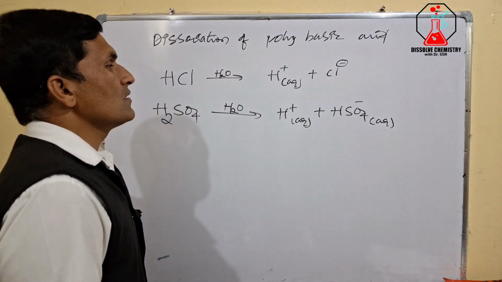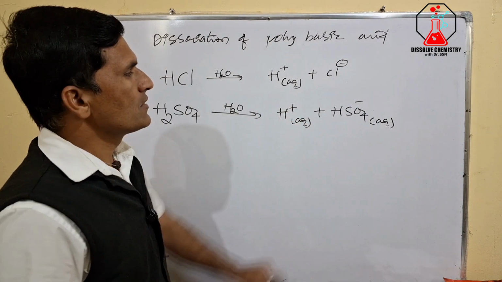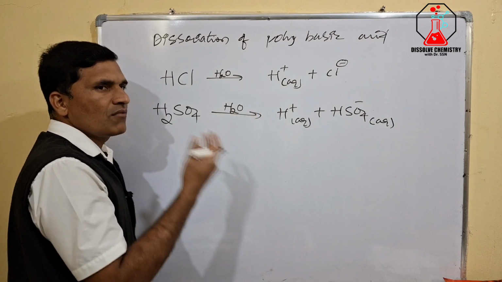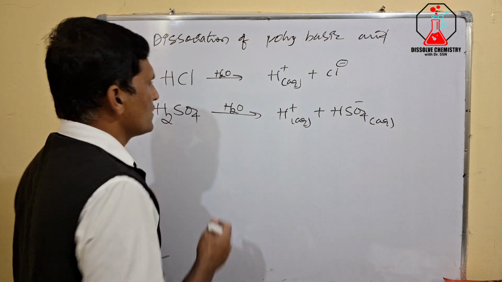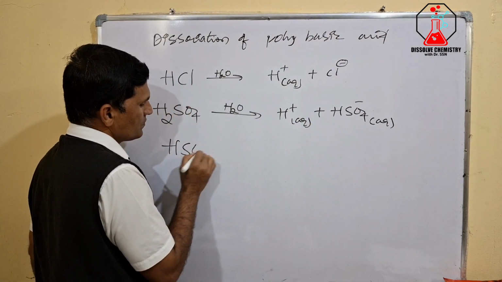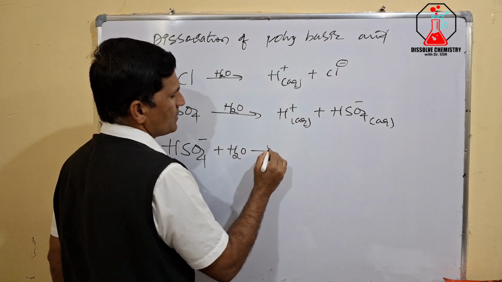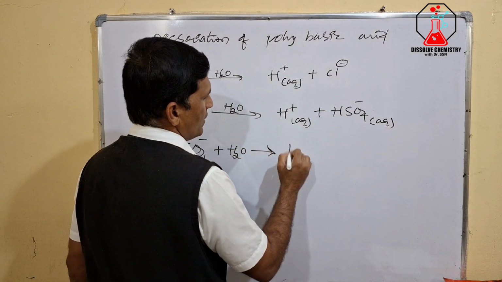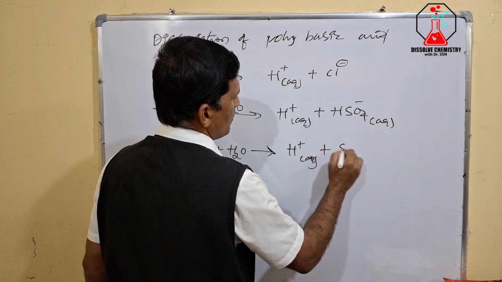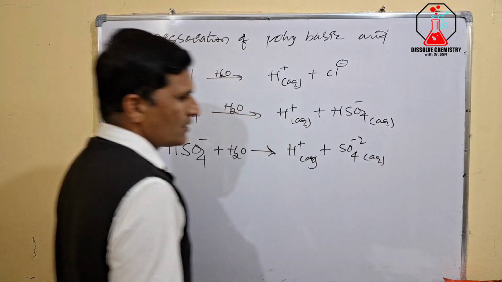Now, this bisulfate ion still has the capacity to donate one more proton. So HSO4- can donate another proton, and then it forms SO4 2- aqueous.